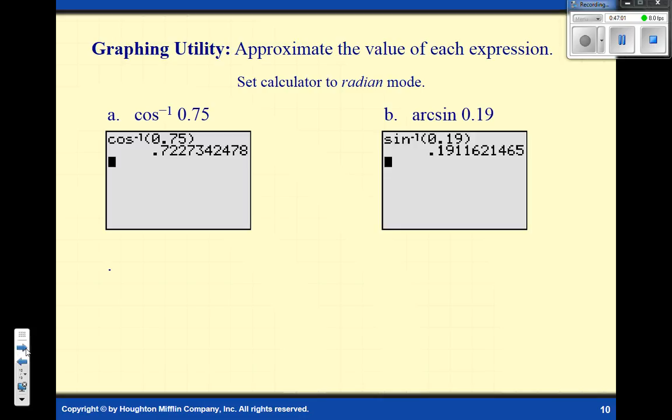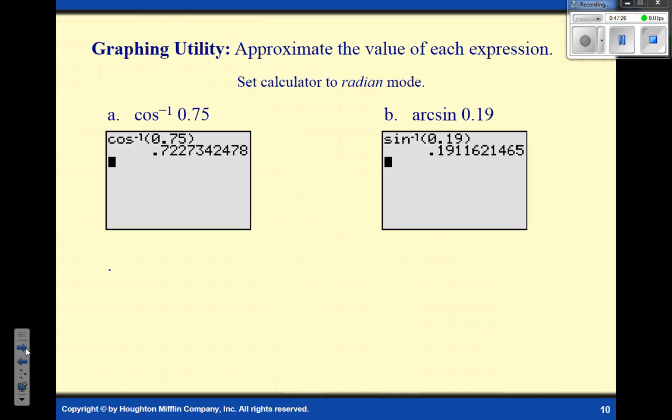That's the answer. In radian measure, do this one. Arc sine 0.19. Can you make a ratio out of 0.19? I hope you can. 0.19, make a ratio. 19 over 100, right?